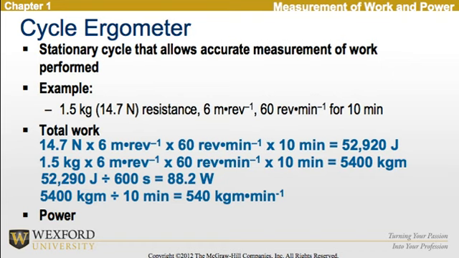Again, you're going to want to familiarize yourself with the units that are involved in determining the amount of power during these type of measurements. Now in this particular measurement, you can see on the third line of calculations that 52,290 joules, again divided by 600 seconds, is going to give us our answer of 88.2 watts.